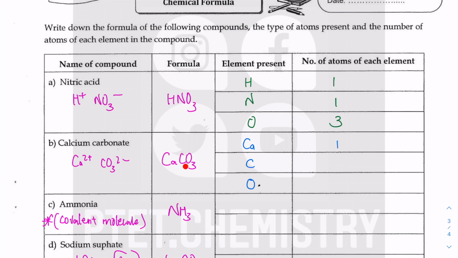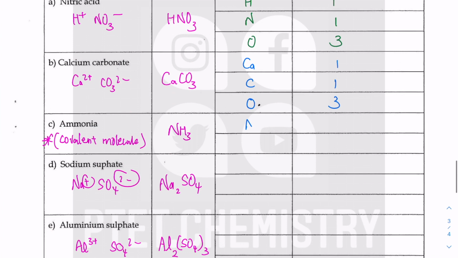You have 1 carbon, and you have 3 oxygen, as the subscript shows 3 oxygen. They don't show the 1, it means there's 1. NH3 has nitrogen and hydrogen. It doesn't show the number there, so there's 1 nitrogen. There's a number there, 3, so 3 hydrogen.